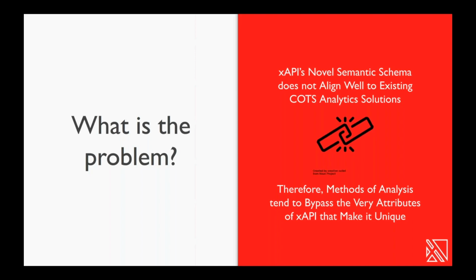So if you've ever tried using XAPI data with a commercial solution like Power BI or Tableau, you find yourself in a situation where you have to flatten the data into CSV or something similar in order to work with it within the visualization application. And therefore, the methods of analysis, they tend to bypass the attributes of XAPI that actually make it unique.